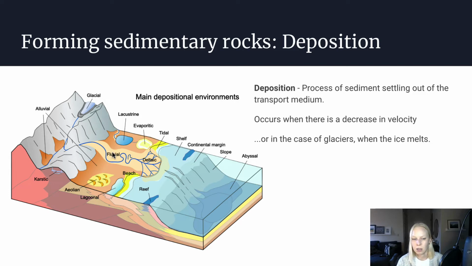Fluvial refers to streams and rivers. Lacustrine is another word for lake environments. We have evaporitic, tidal, shelf, continental margin, slope, abyssal plain, reef, lagoonal, deltaic. These are all different environments where you expect deposition to occur.